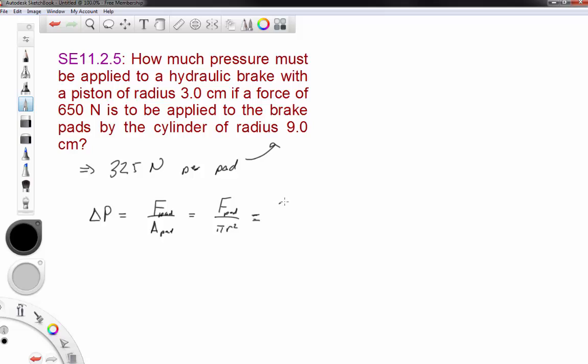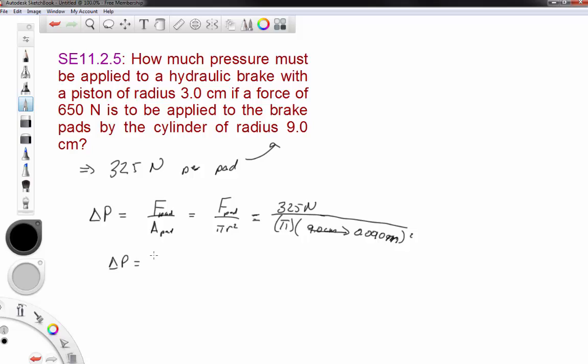So this would be 325 newtons divided by pi times the radius, of course, 9.0 centimeters, which we can convert to 0.090 meters, and then that is being squared.